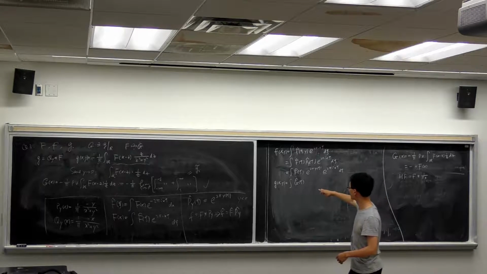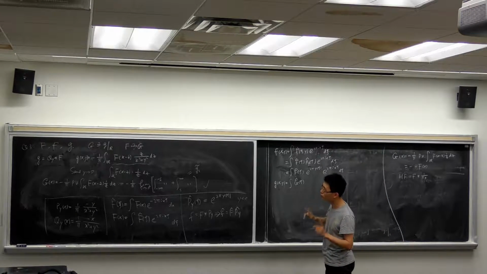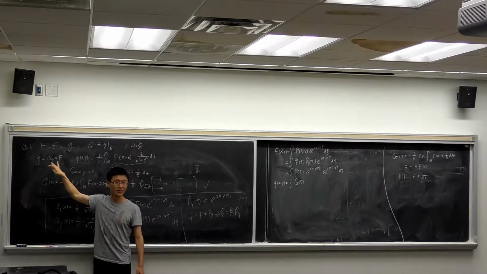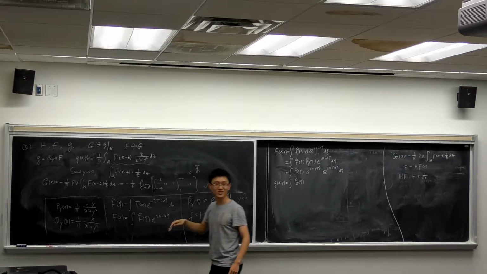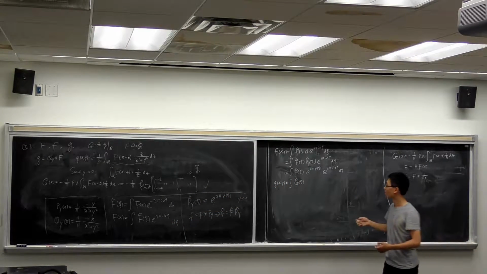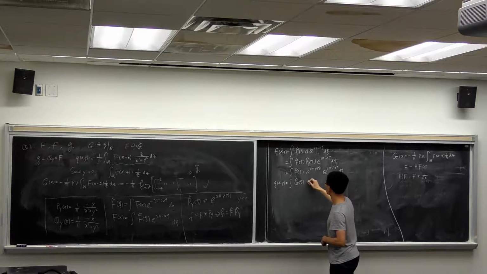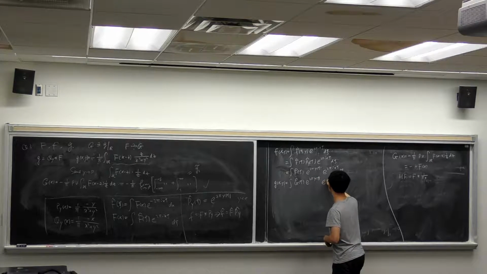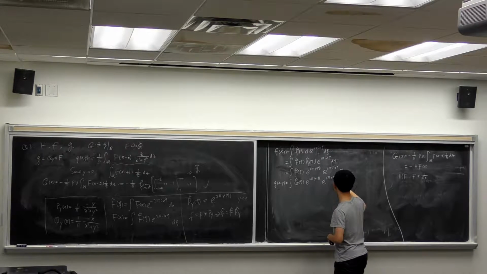This is actually true for little g defined like this. You can check that. It's true for both little f and little g. So little g actually equals the integral of e to the 2 pi i x xi d xi.